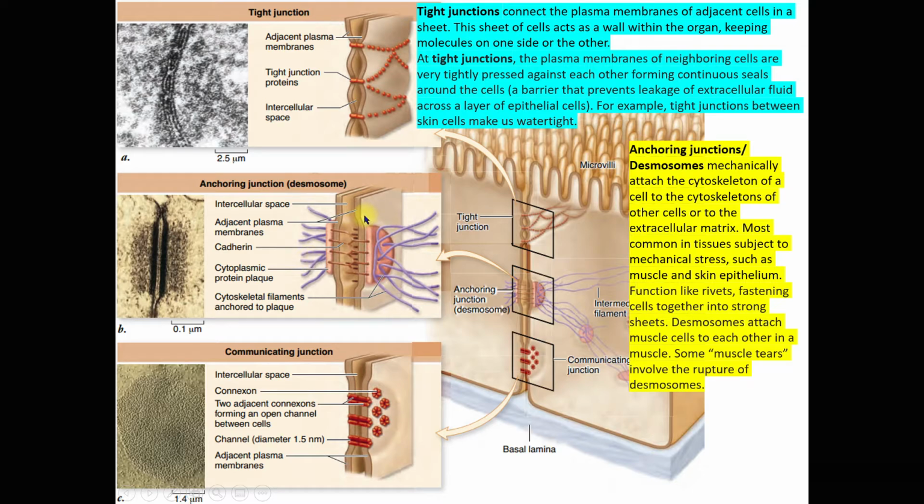So maksudnya desmosome ini attach the cytoskeleton of one cell to the cytoskeleton of the other cell. Boleh nampak ini ialah cytoskeleton. And if you recall, there are three components in a cytoskeleton. Dalam cytoskeleton ada 3 komponen kan? Microfilament, apa lagi? Intermediate filament. Satu lagi macrofilament, is it? Or microfilament. Okay, cuba recall balik.